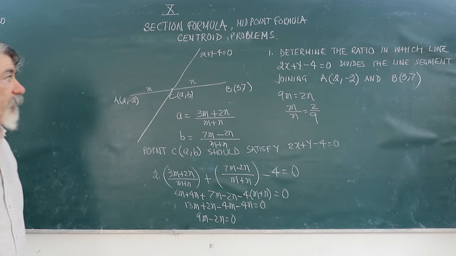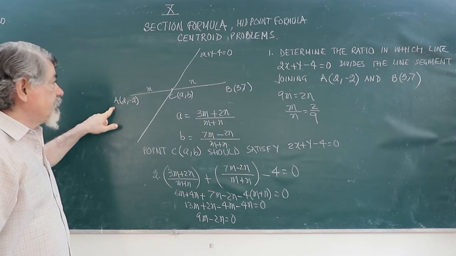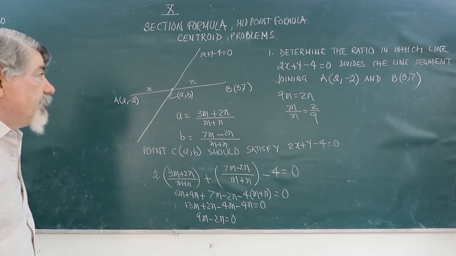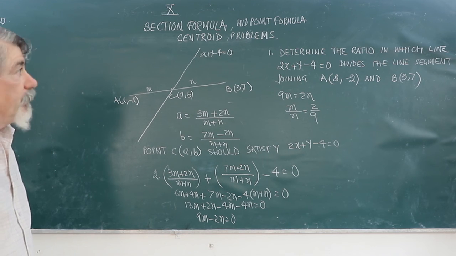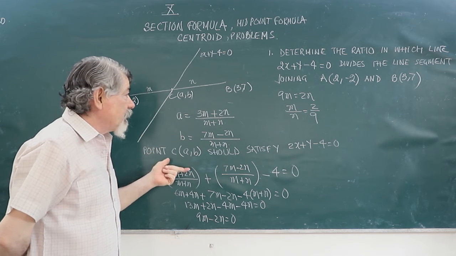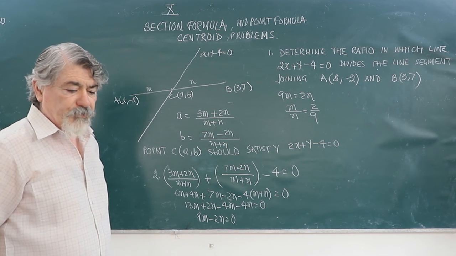The ratio of m is to n, this point C divides the line in the ratio of 2:9. He did not ask you the coordinates of point C, but we can calculate the coordinates of point C as well. How? I'll show it to you just now.